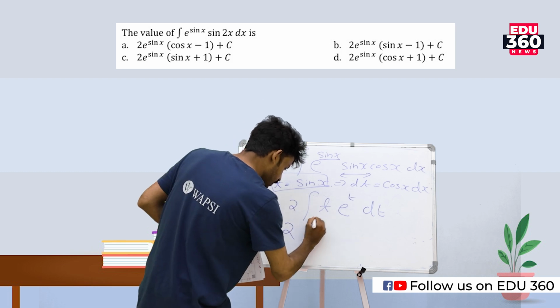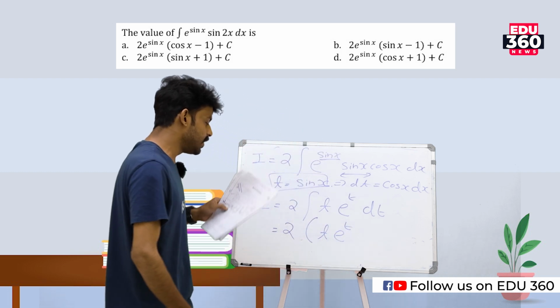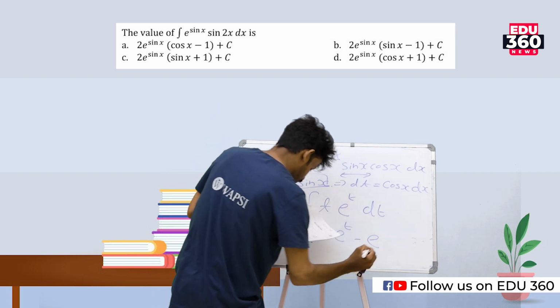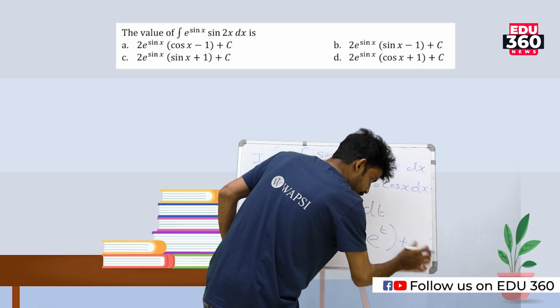Hereafter, 2 is constant, so we can take it outside. On integrating, we will get t e raised to t minus e raised to t plus c.